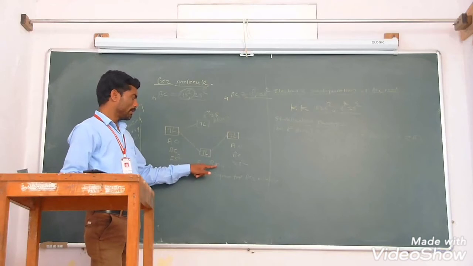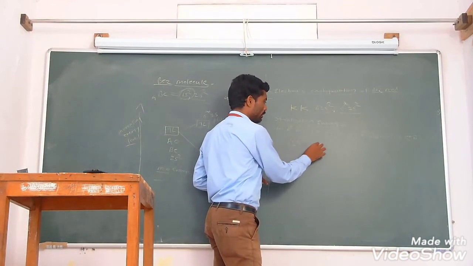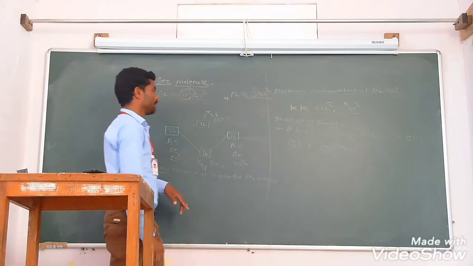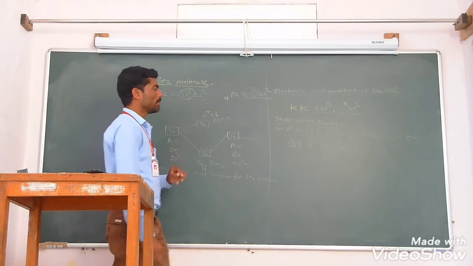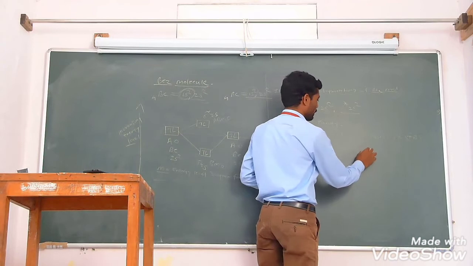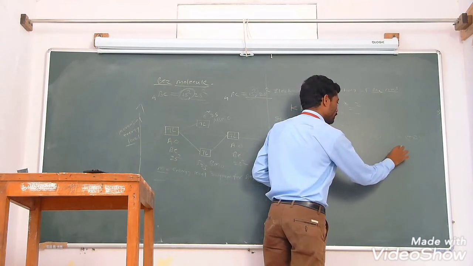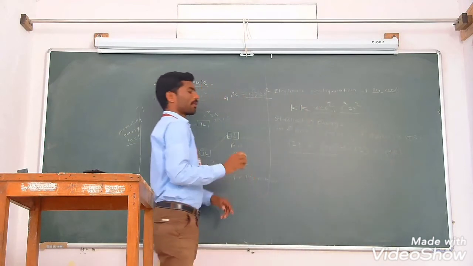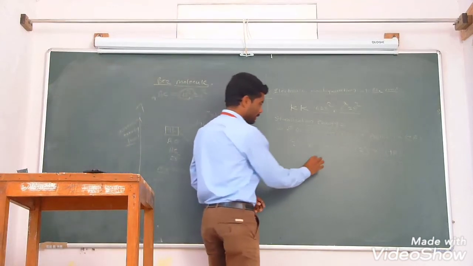Here the bonding molecular orbital contains 2 electrons times minus beta, plus here the antibonding molecular orbital also contains 2 electrons times plus beta. So the stabilization energy for the beryllium molecule is 0.